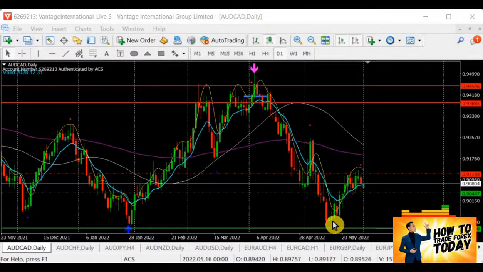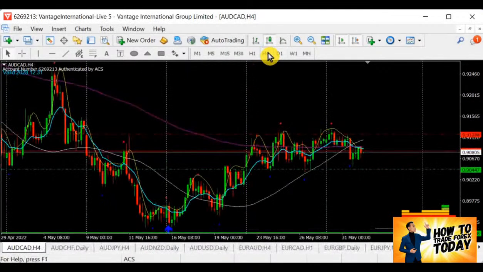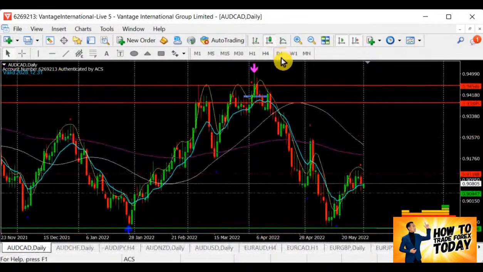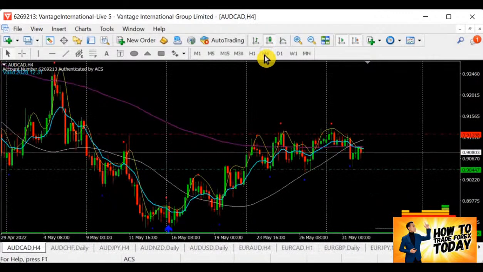It's retracing upwards, and then we have a retracement down here in the bear. Today seems like a retracement day towards the resistance, which is very near to the bull. Today we are right in the middle.